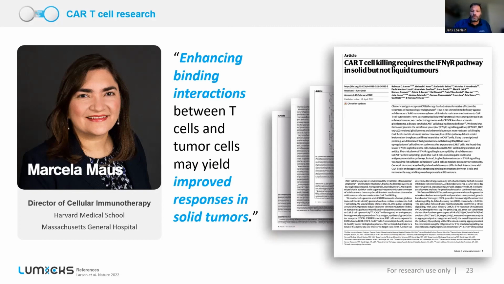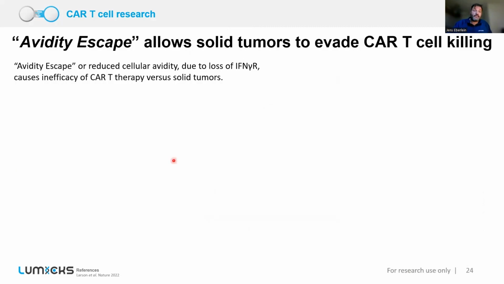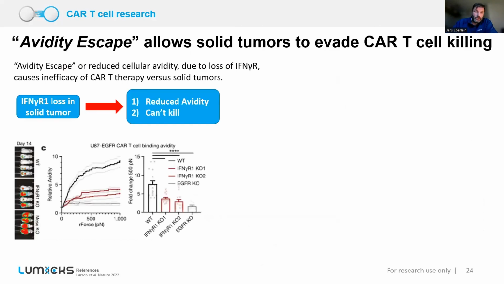And so she wanted to see, if we use a genome-wide CRISPR screen on the tumor side, can we identify any receptors, any factors that confer resistance to CAR-T-mediated killing in solid tumors? Long story short again, they identified interferon gamma receptor 1.